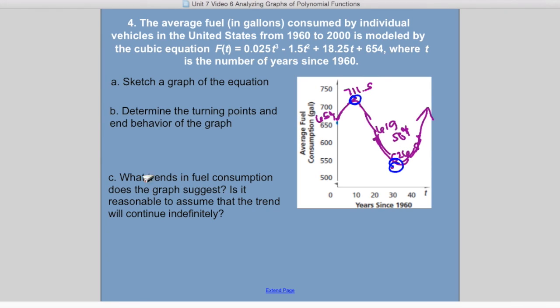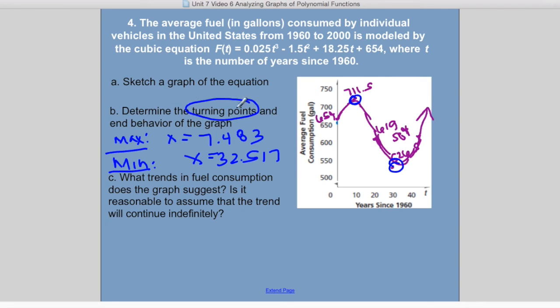Okay, using your calculator, and I would recommend that you do, you should find that the max is when x is equal to 7.483, and you should find that your min is when x is equal to 32.517. Okay, those are our turning points.